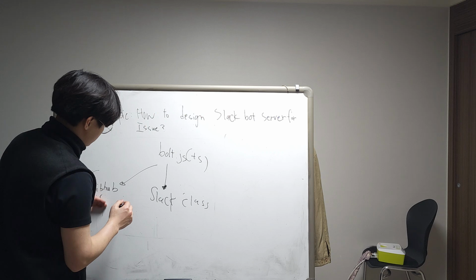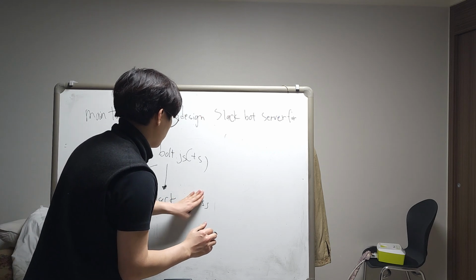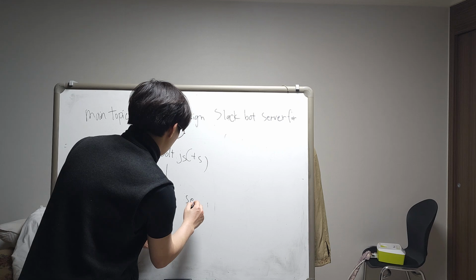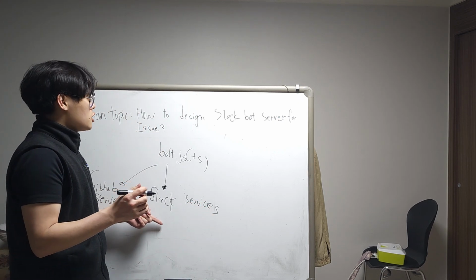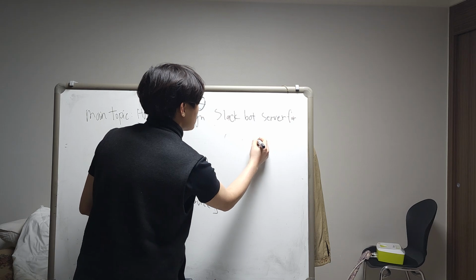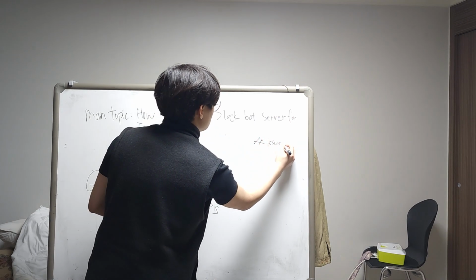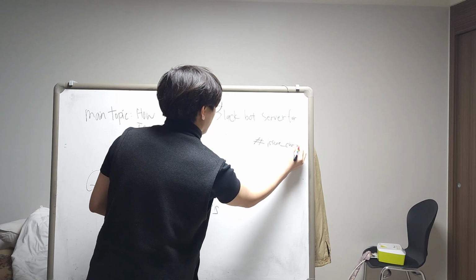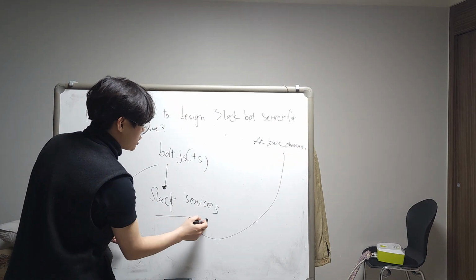Let's say a GitHub service and a Slack service. And I copied the issue channel ID and put it onto this part.